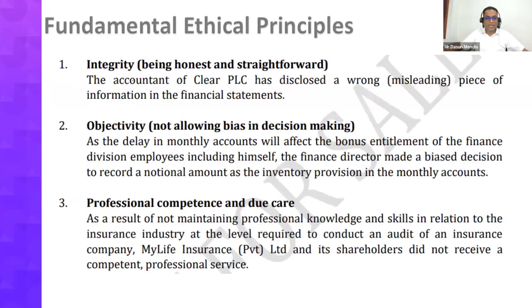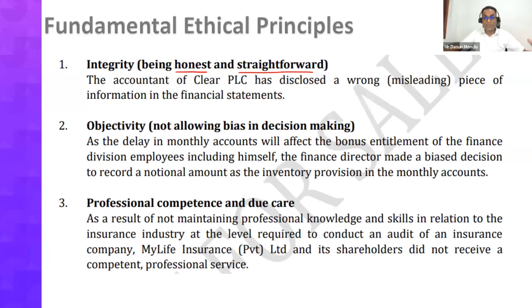So integrity means mainly you should be honest and straightforward. The accountant has disclosed a wrong or misleading piece of information. He said that the land and building was fair valued by a professionally qualified valuer, but actually it was done by the directors.